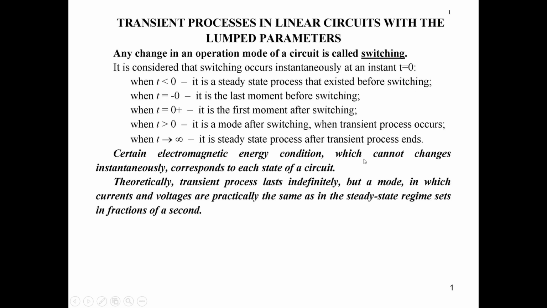The same refers to electric field energy. It is due to the applied voltage and storage of charge in capacitance, and this energy also cannot change abruptly; it will change smoothly from the moment t less than 0, just before commutation, to the moment t equal to 0 plus, just after commutation.